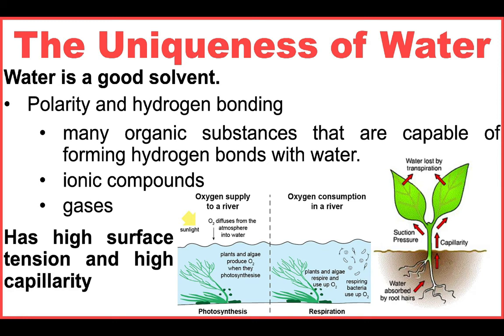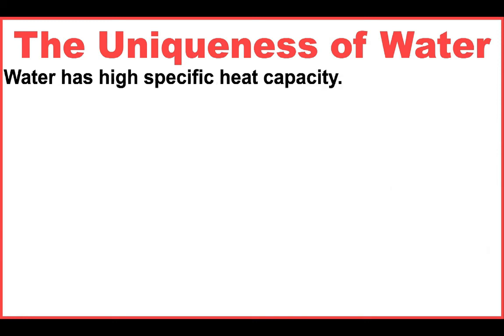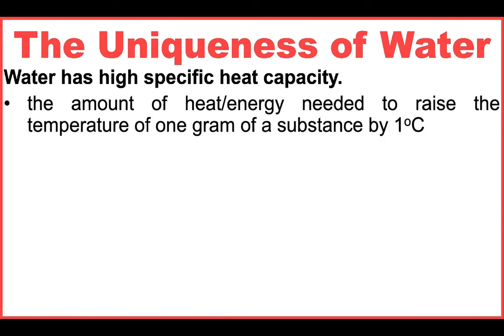Next, water has high specific heat capacity. Specific heat is the amount of heat or energy needed to raise the temperature of 1 gram of a substance by 1 degree Celsius. The specific heat of water is 1 calorie per gram degree Celsius.